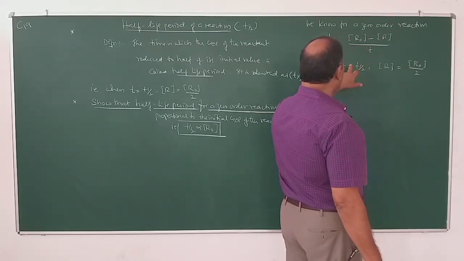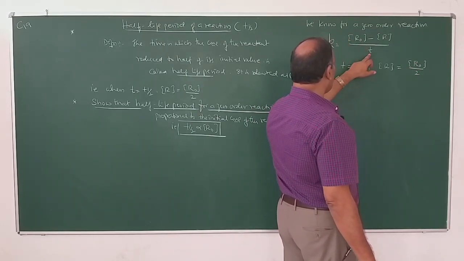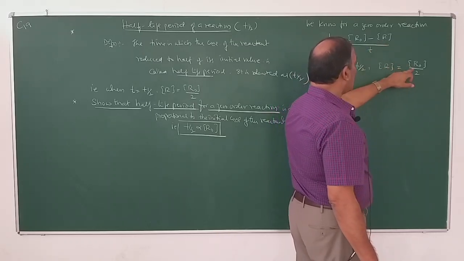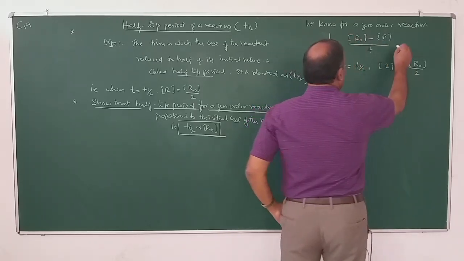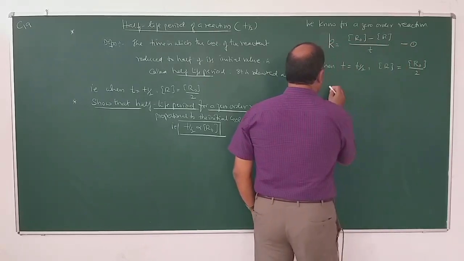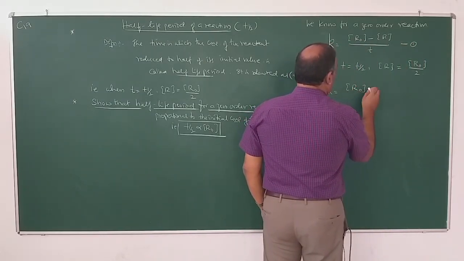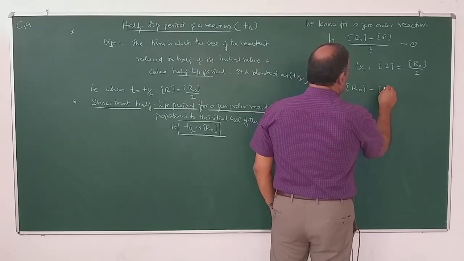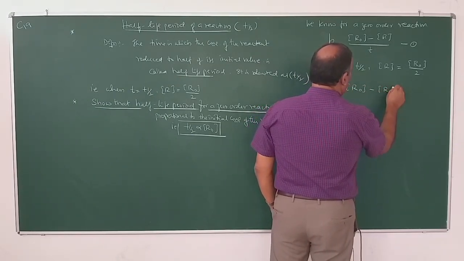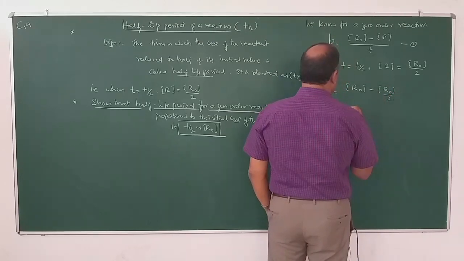So substituting the value of T as T half and R as R naught by 2 in the above equation 1, we get K equals R naught minus R, equals R naught divided by 2.